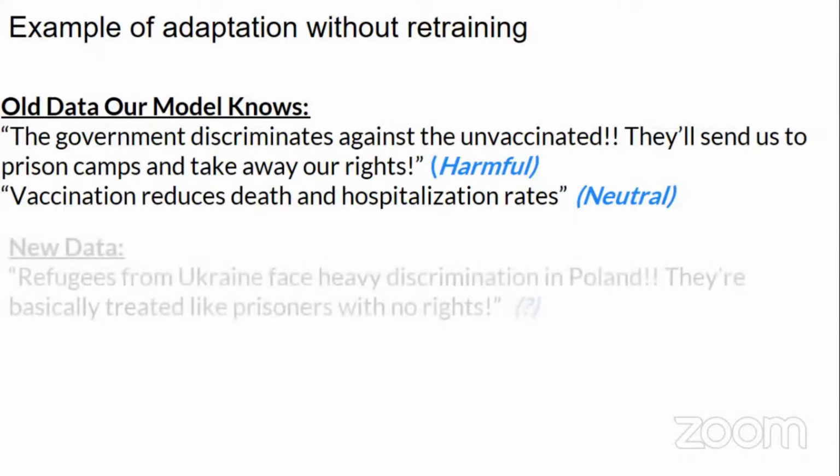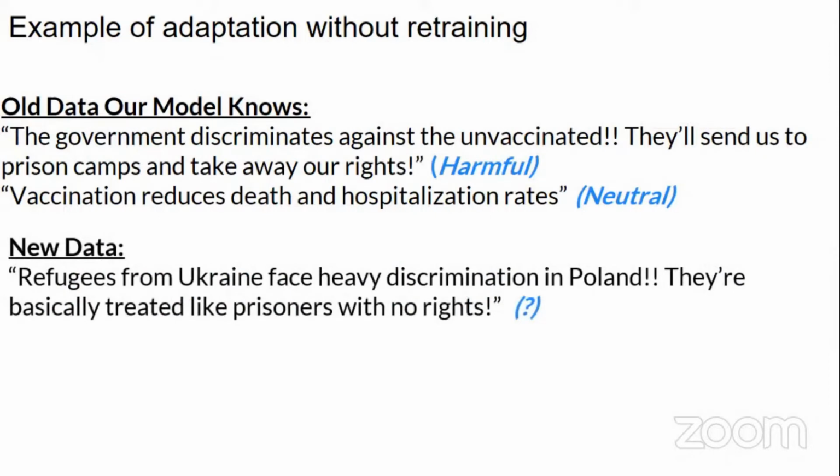Now a new example is introduced that we want to classify. "Refugees from Ukraine face heavy discrimination in Poland. They are basically treated like prisoners with no rights." Okay, so we want to classify this example, which is a completely different domain, and we have not seen any such examples in our training data.